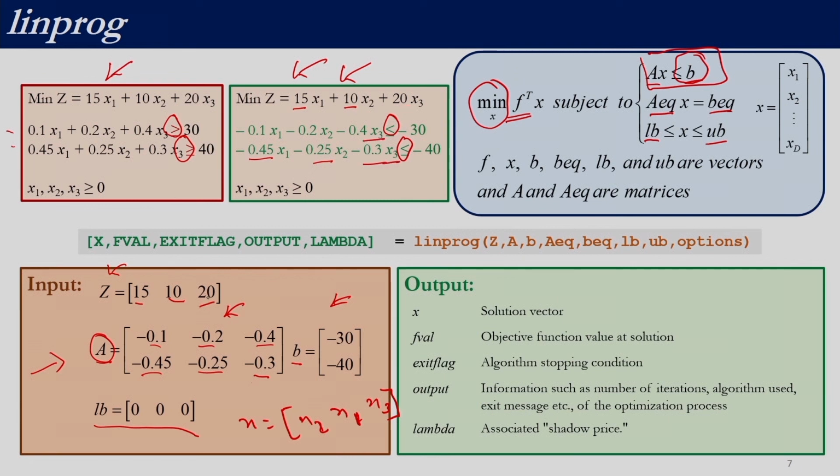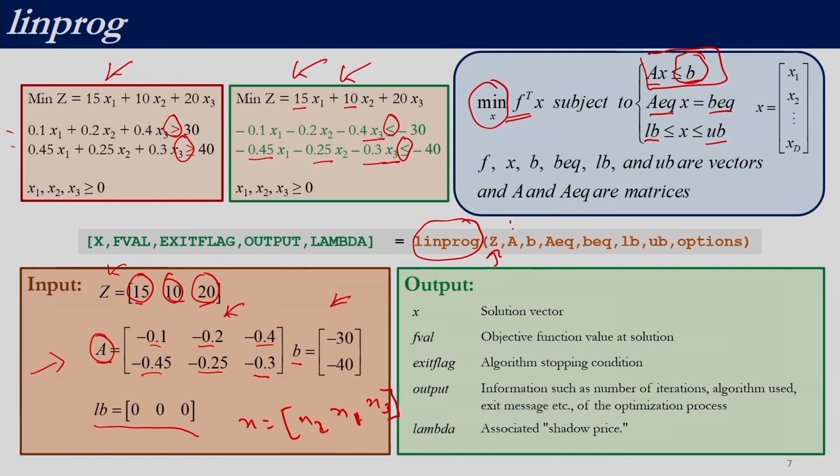coefficients. So for the function linprog, the input that we need to give is this variable z, which should contain the coefficients of the objective function. It can be any variable. For example, instead of z over here, I could have used y and I should use the same variable y. The first variable should contain the coefficients of the objective function.